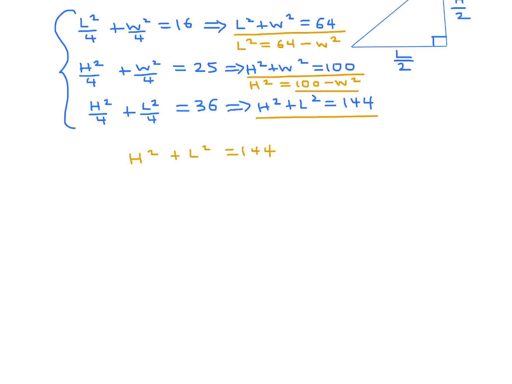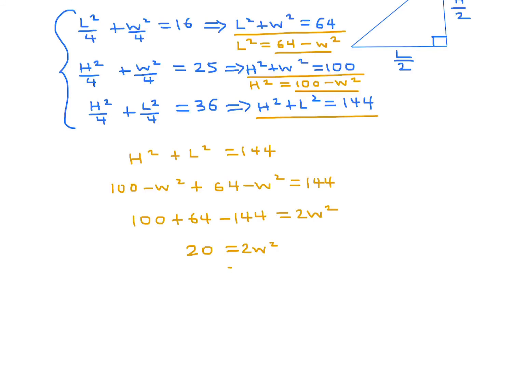H squared is 100 minus W squared, and then L squared is 64 minus W squared, like that. So I've got 100 plus 64 minus 144 is equal to 2W squared. So this looks like 20 is equal to 2W squared, and therefore W squared is equal to 10, so W is equal to the root of 10.